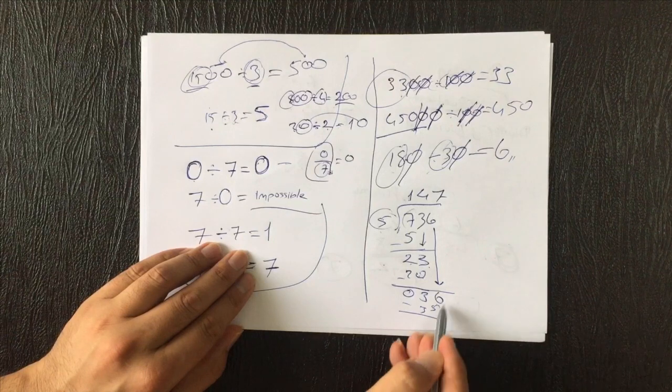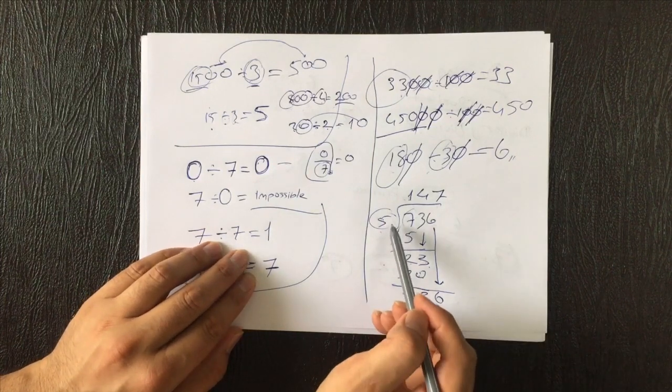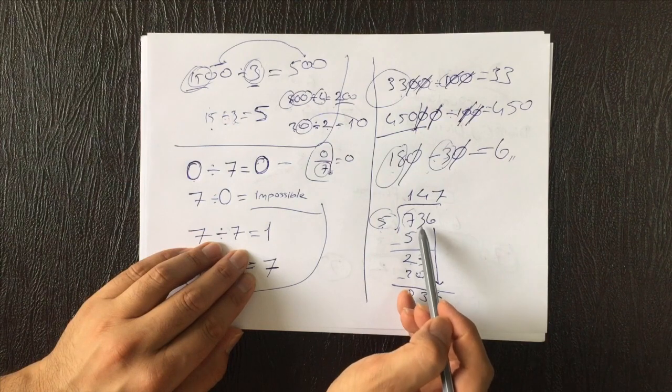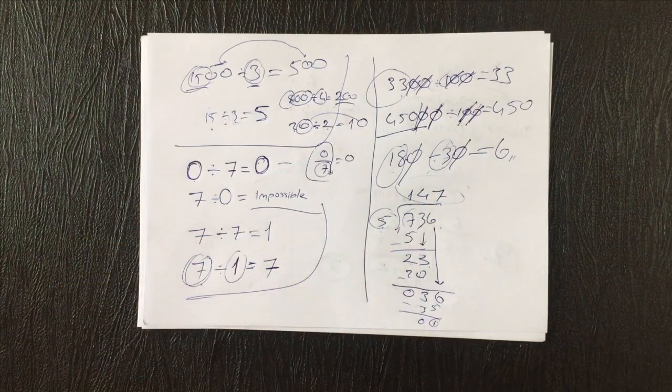Then make the subtraction, 6 minus 5, it's 1. Look, the remainder is 1. The divisor is 5. The dividend is 736. Then the quotient is 147, which we had to find.